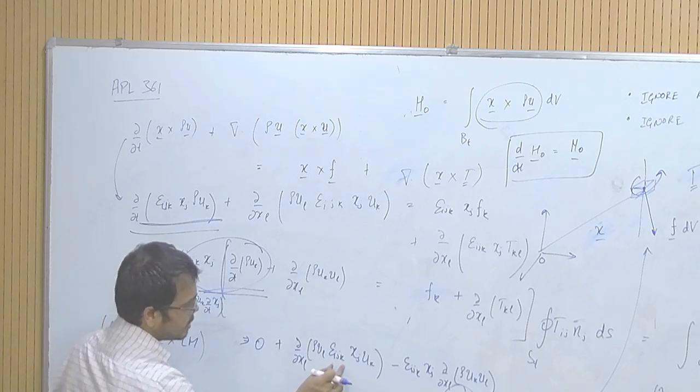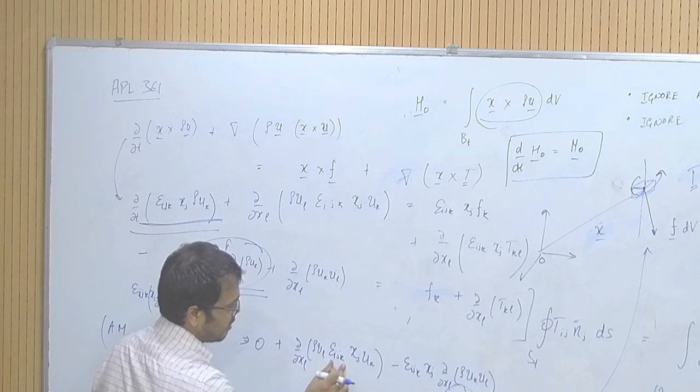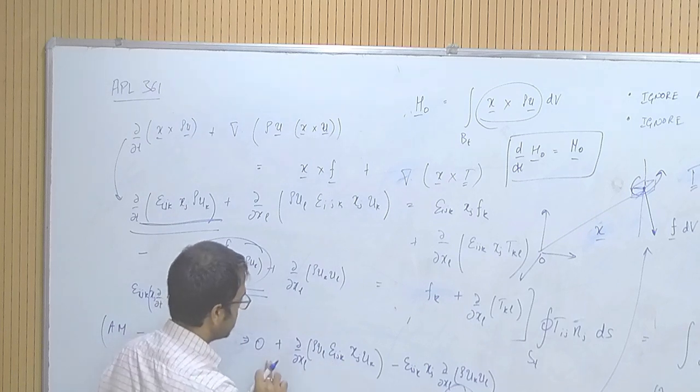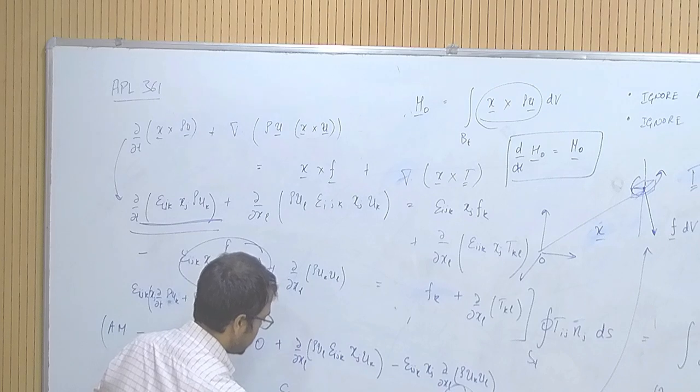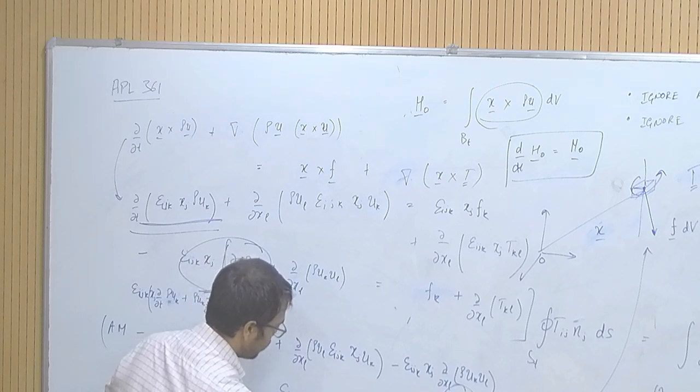So again let us see, epsilon ijk is constant. So this is nothing but epsilon ijk del by del xl of the whole thing.